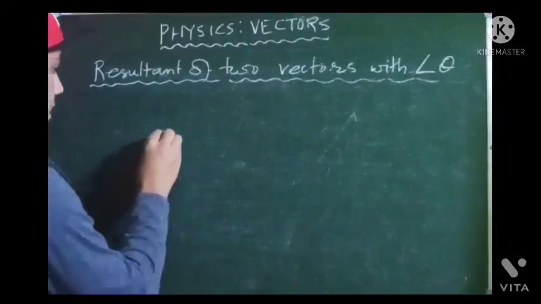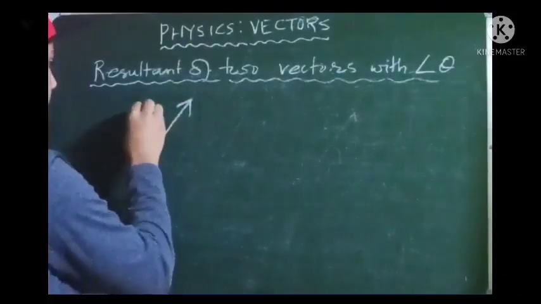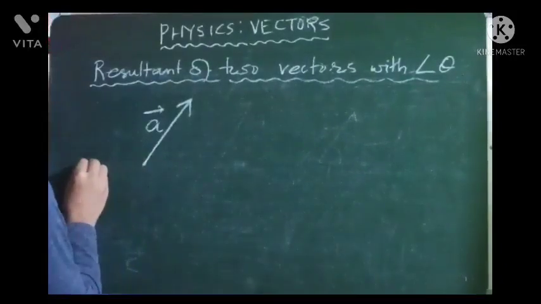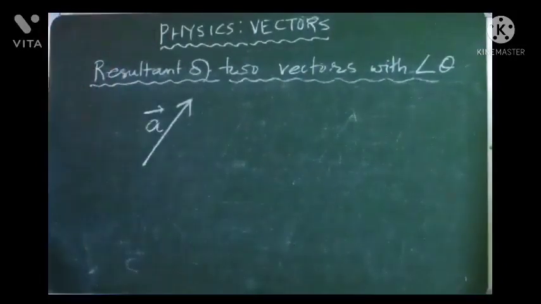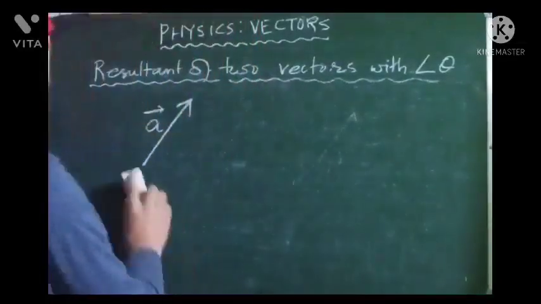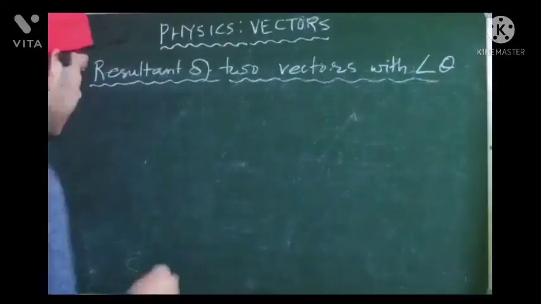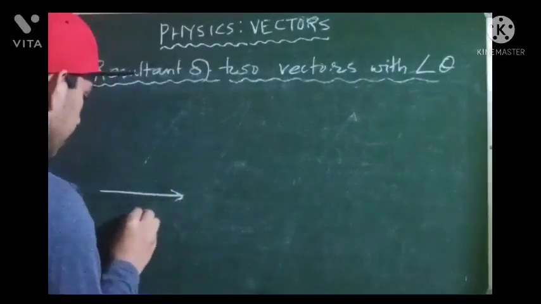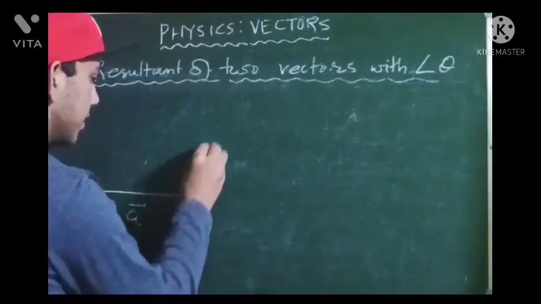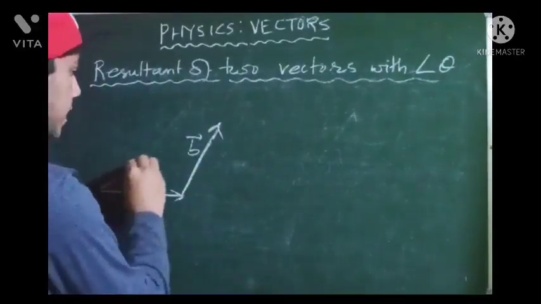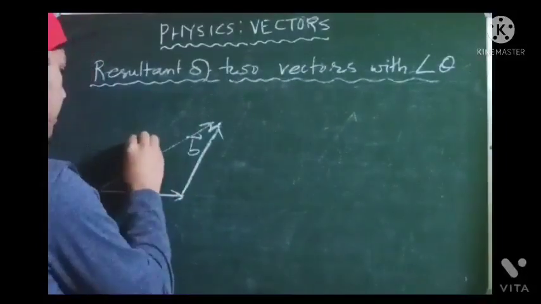Suppose this is A vector, and suppose we have A vector in this way and B vector in this way, then its resultant can be written as this vector R vector.